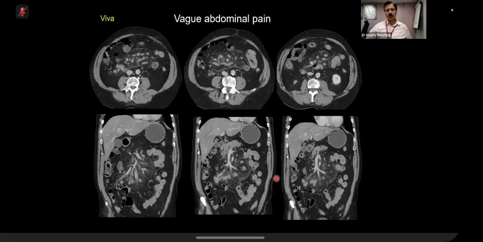Previously, our concept was that these are unrelated to each other. Now we know there is a huge spectrum: retroperitoneal fibrosis, mesenteric panniculitis, let's say autoimmune pancreatitis, sclerosing cholangitis.